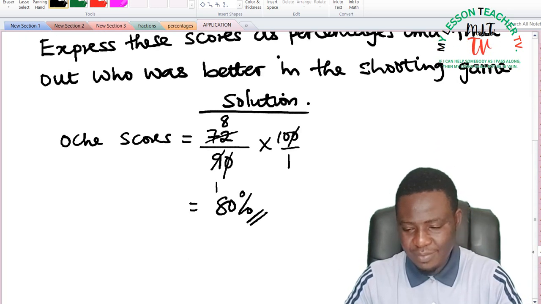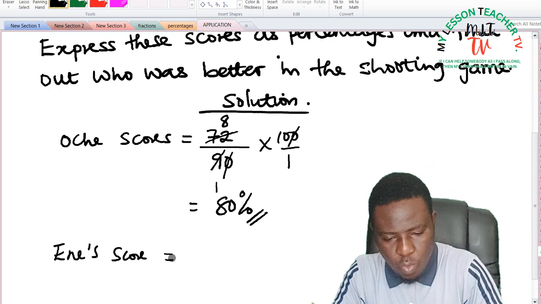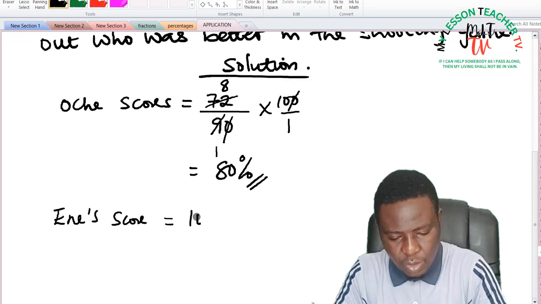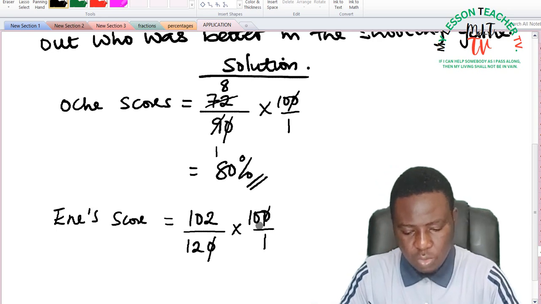What about Ene? Let's look at Ene's percentage. So Ene's score will be equal to, Ene got 102 out of 120. So 102 divided by 120 times 100 over 1. 0 will cancel out.